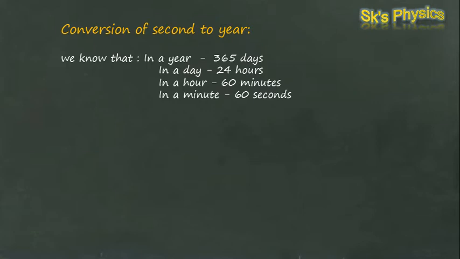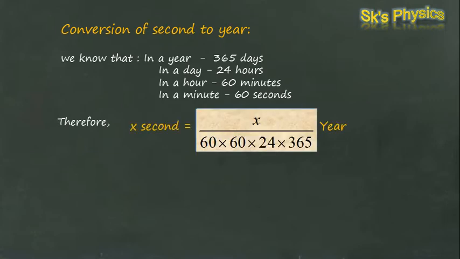So all the values are in division. Therefore x second is equal to x divided by 60 × 60 × 24 × 365 year. Here year is the bigger unit, so the values are in division.